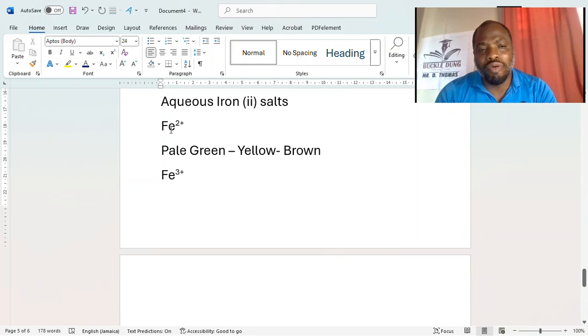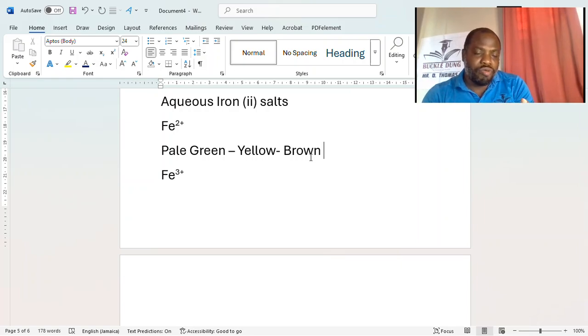If you think about the Fe2+ ion, this would have meant that the ion lost 2 electrons. And so if it moved from Fe2+ to Fe3+, it simply means that it lost another electron. And we know that what is happening to a reducing agent is that it is being oxidized, so it's losing electrons. We see the increase in oxidation state, so it moved from a pale green to a yellowish or yellow brown appearance.